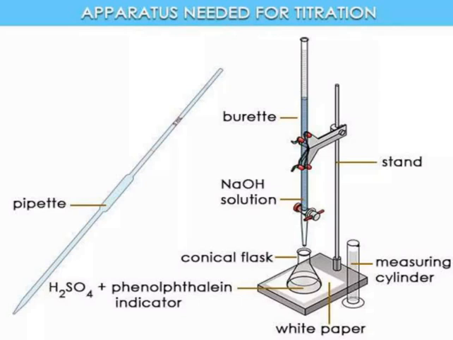Conical flask, look at here, is also known as Erlenmeyer flask. Now you have the sulfuric acid, you have the phenolphthalein indicator. Now you can put white paper on the stand plate so that it is very clear to your eye when the color changes, you can observe it easily.